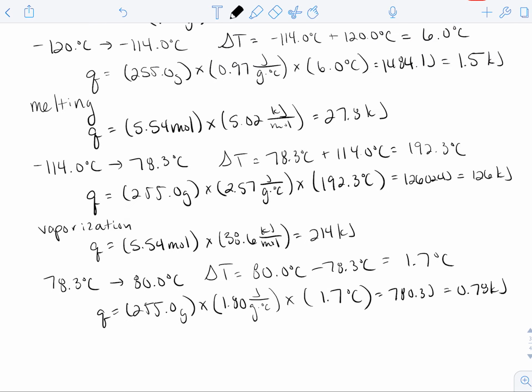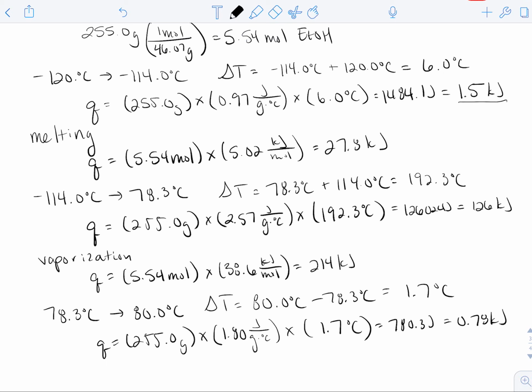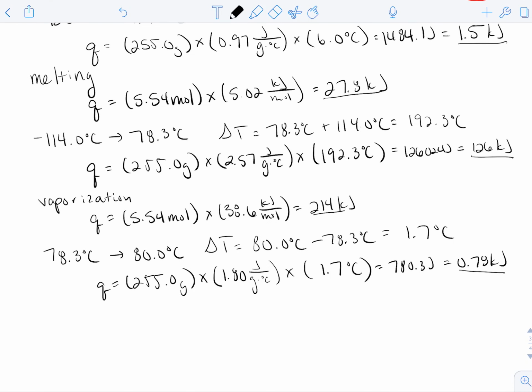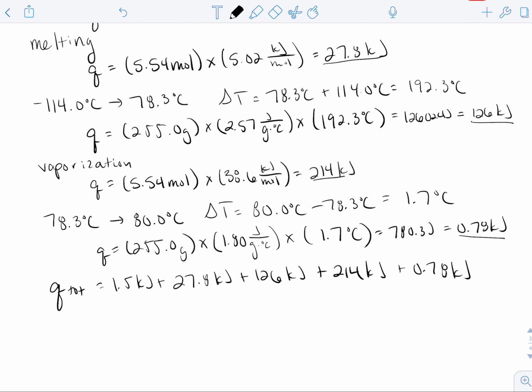And now that I've got each of my values, I can add all 5 values together to get my total heat. So 1.5 kilojoules plus 27.8 kilojoules plus 126 kilojoules plus 214 kilojoules plus 0.78 kilojoules.